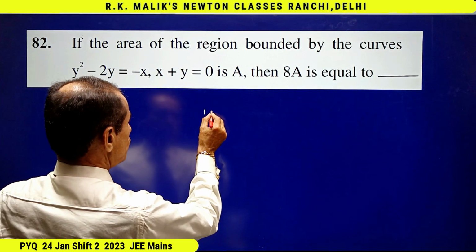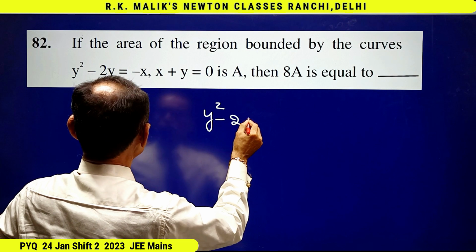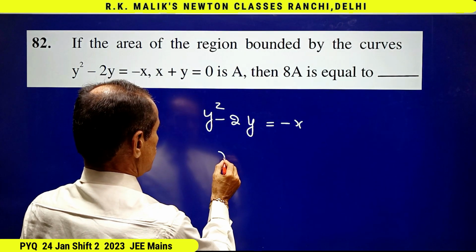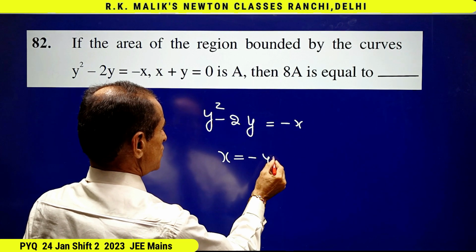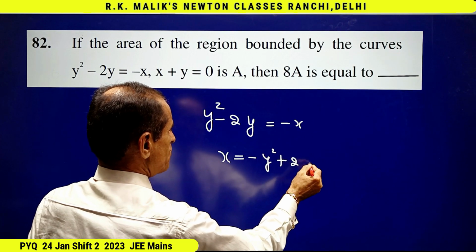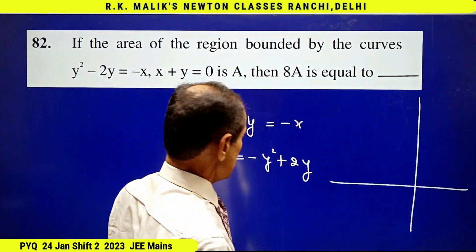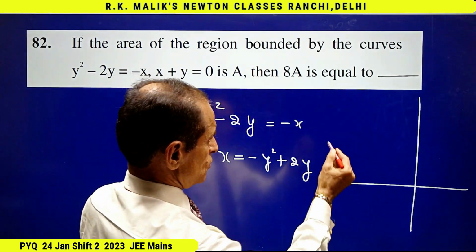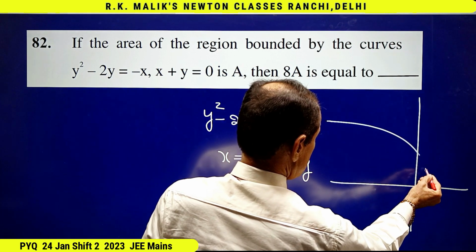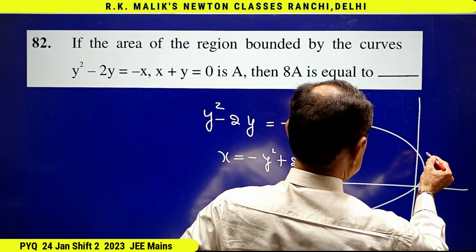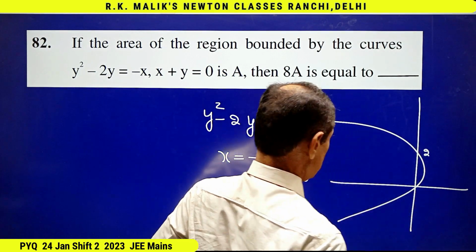Clearly, the graph of y square minus 2y equal to minus x, that is x equal to minus y square plus 2y, will have a graph of this type, where this point will be having y coordinate 2.